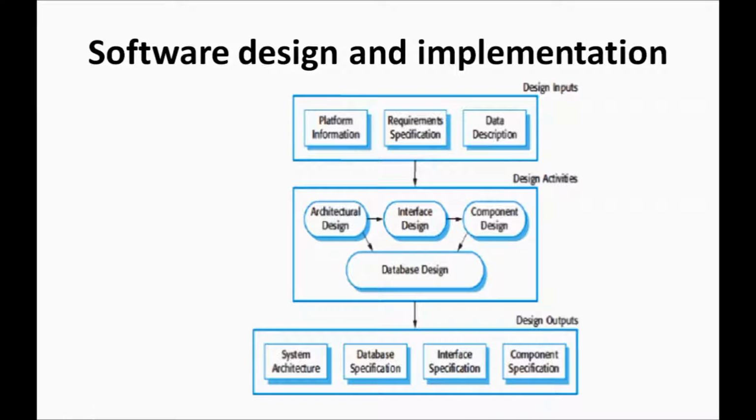Why? If you are a non-technical user, if you don't have any idea regarding software engineering, it is better for you to start from design inputs. But if you are a software engineer who is developing the product, the small details are not necessary for him. Directly he can start with the design activity.